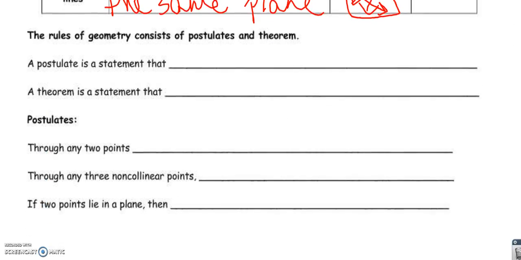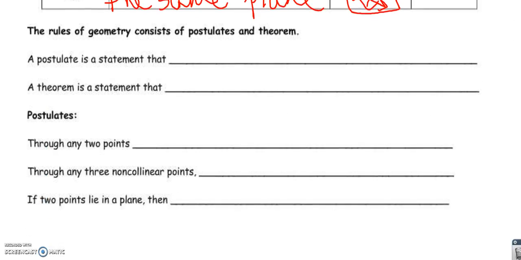Okay? So the rules of geometry consist of things called postulates and theorems. A postulate is a statement that we accept as true without proof. You don't have to prove it to me. You tell it to me, and I just know it's true.